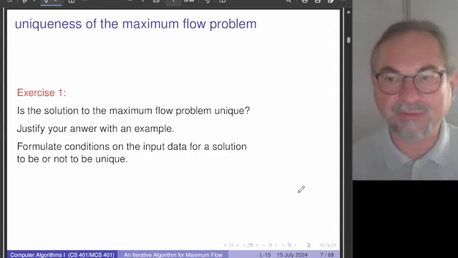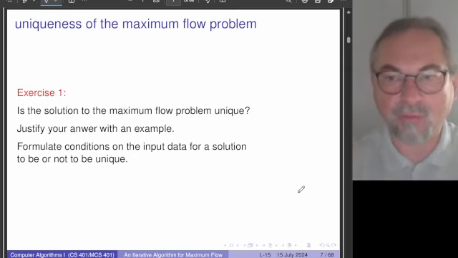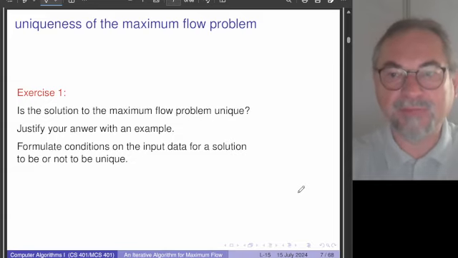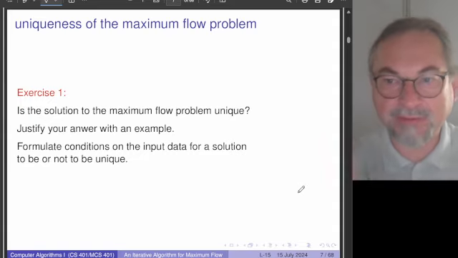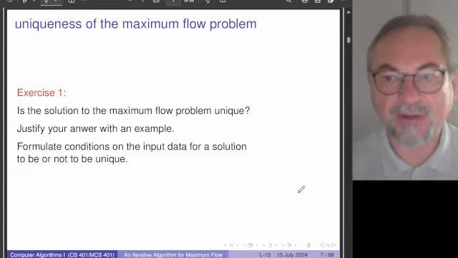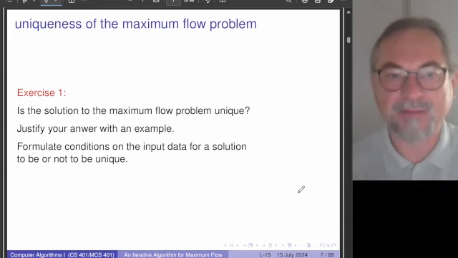It means that you have a unique selection of the edges where you impose the flow that gives you the maximum. The maximum is a number, and different assignments can give the same maximum flow.